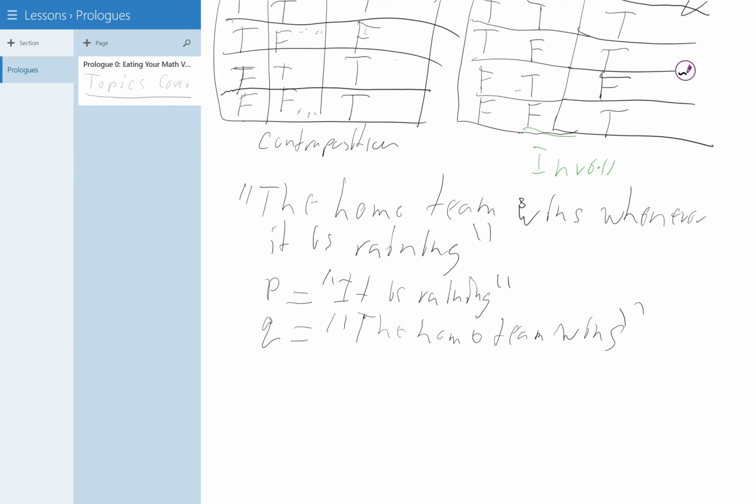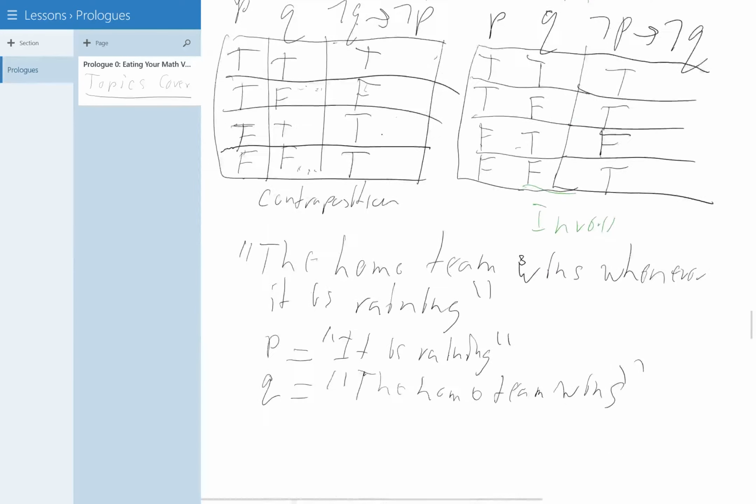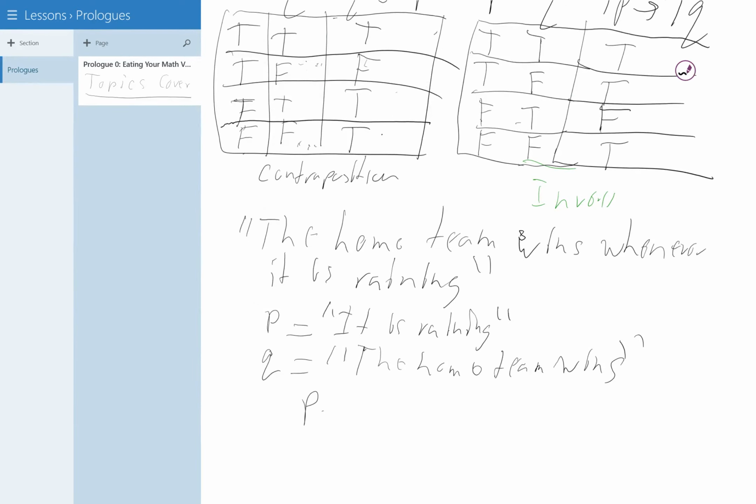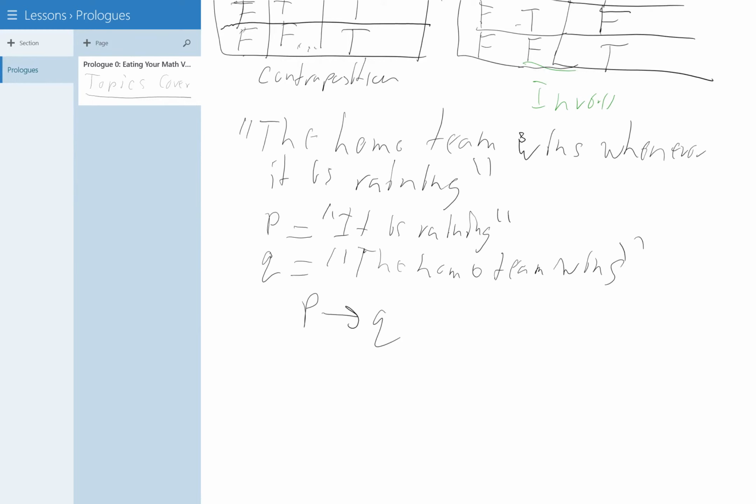Alright, so let's do this. P implies Q. What this is saying is that if it is raining, then the home team wins. The home team wins whenever it is raining. So the first one, P implies Q: if it is raining, then the home team wins.